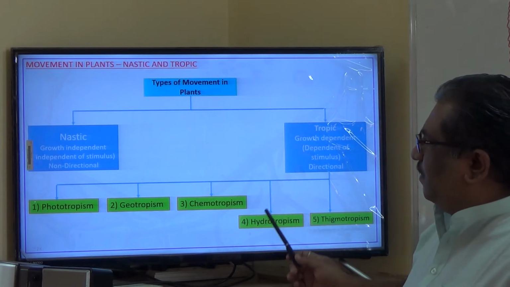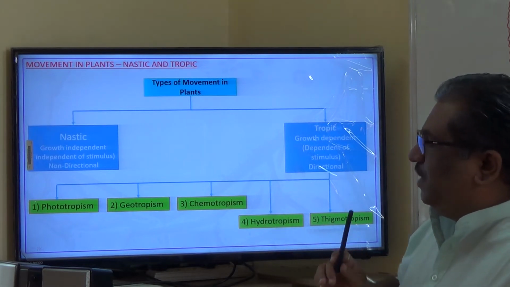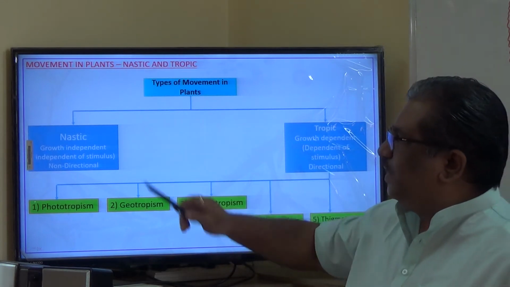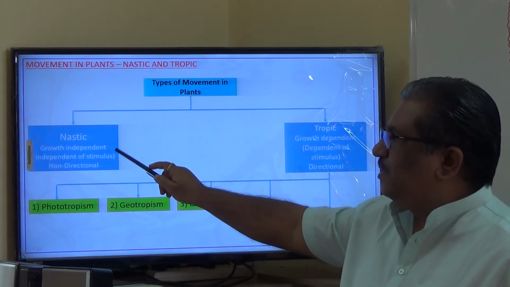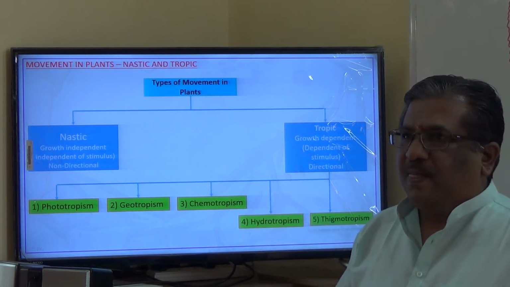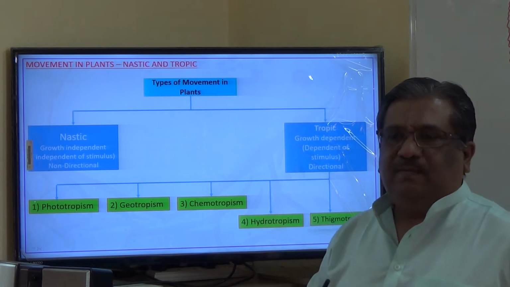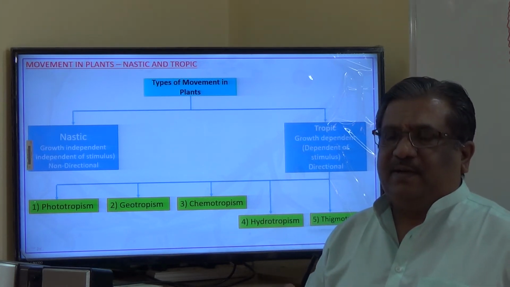And here itself I would like to make one point very clear. In nastic movements, electrochemical communication is involved, whereas all these tropic movements are slow and growth related.